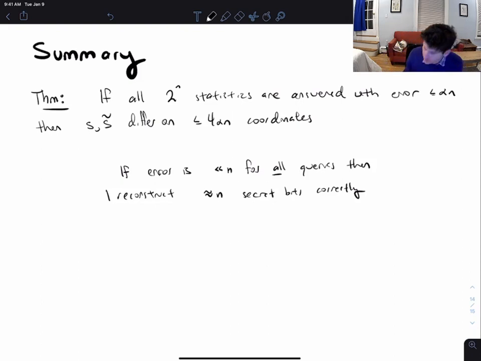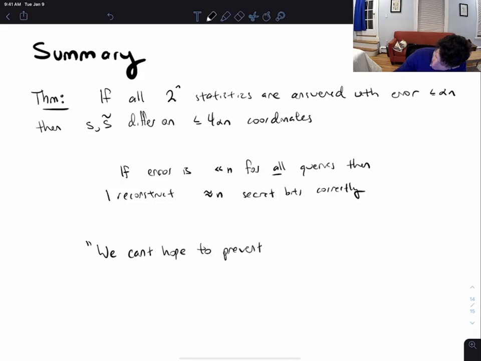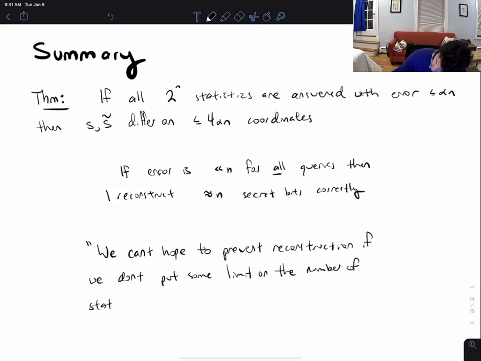Okay, and this theorem has an important interpretation. Even though this attack is computationally inefficient, even though we're not reconstructing exactly, the way I interpret it is to say that we can't hope to prevent reconstruction if we don't put some limit on the number of statistics we reveal.